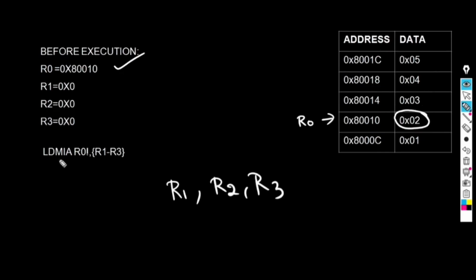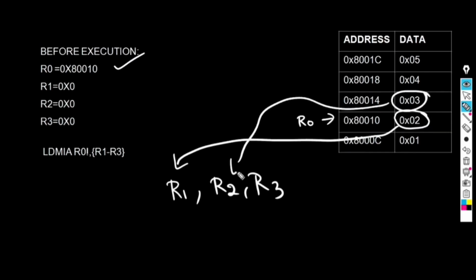One thing you should know about any of these load store instructions is that the content present in a lower address will always be placed in the register with the lower suffix value. So the next value here will be loaded here, and the next value here will be loaded here.